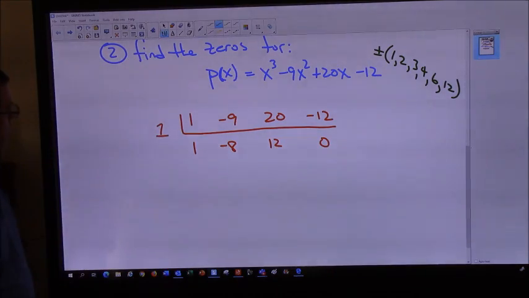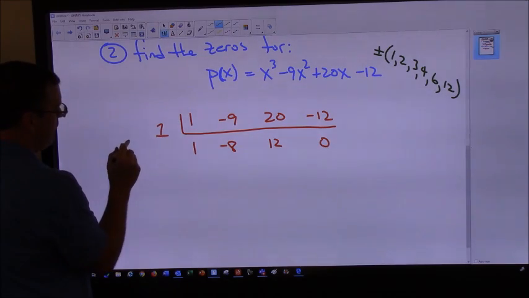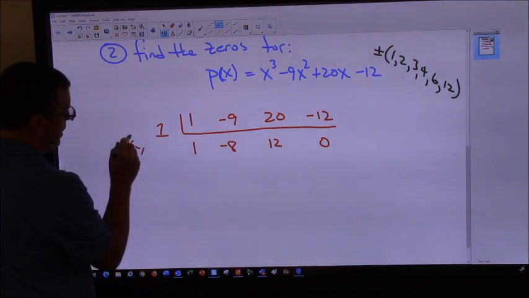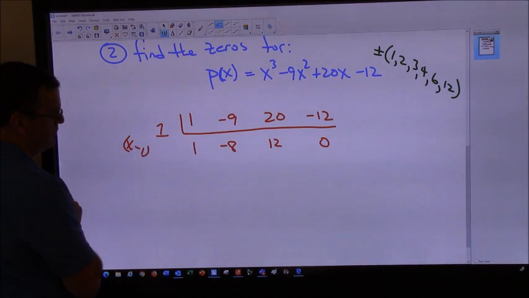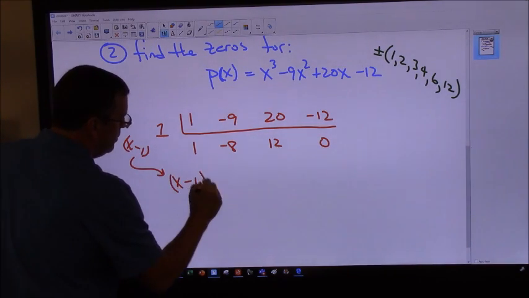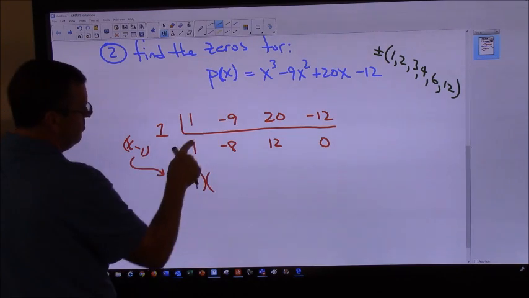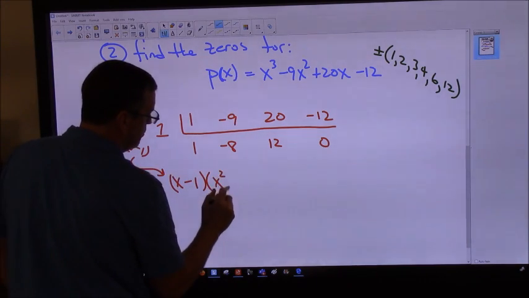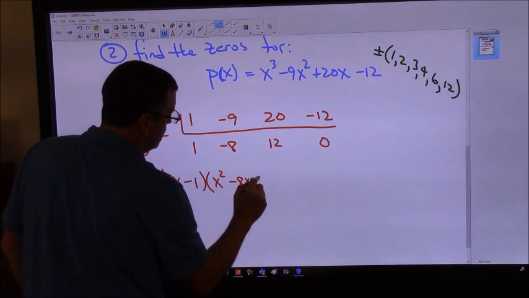So this worked. So remember, that means that one of my factors is going to be x minus 1. And so I'm now going to write that down here. x minus 1 times, this was x cubed, so this is now x squared, minus 8x plus 12.